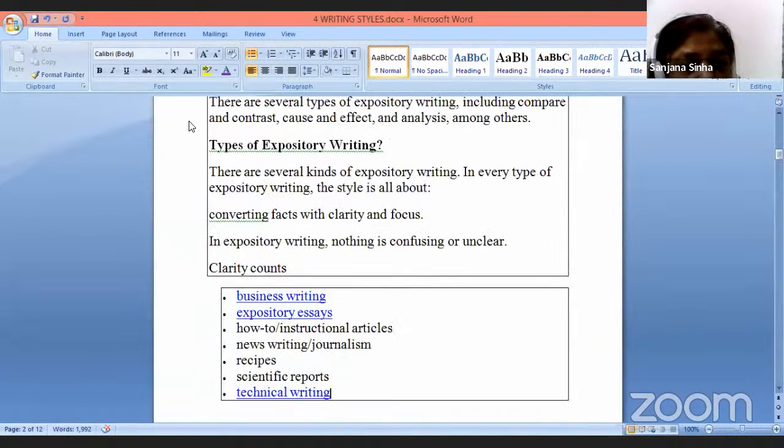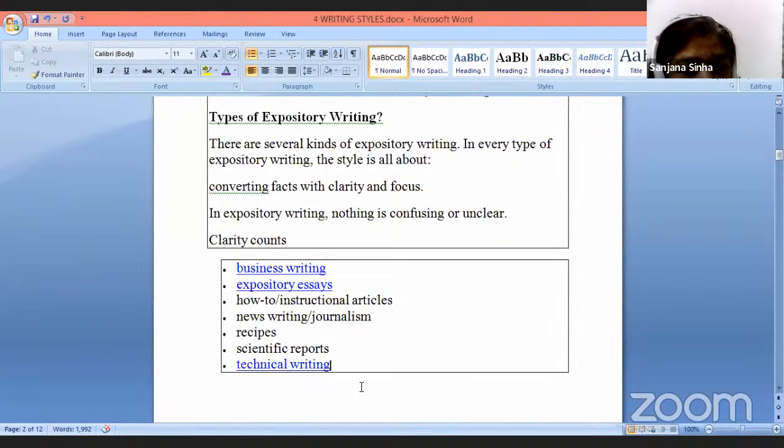Examples, you can write any example on the given topic. News writing and journalism. How can you include anything of your opinion or your feeling? Nothing. Whatever the news is, the news has got to be produced, whatever it is. You cannot make up your own stories.